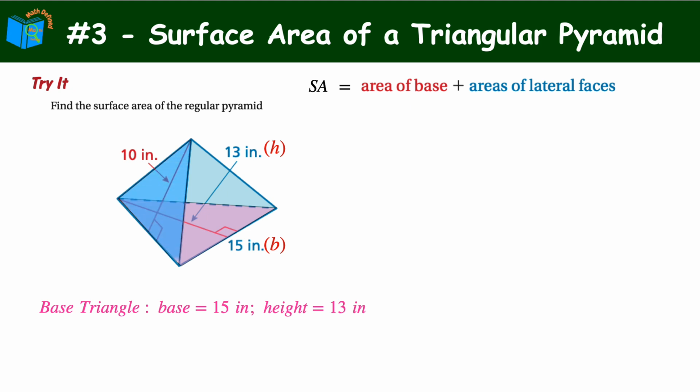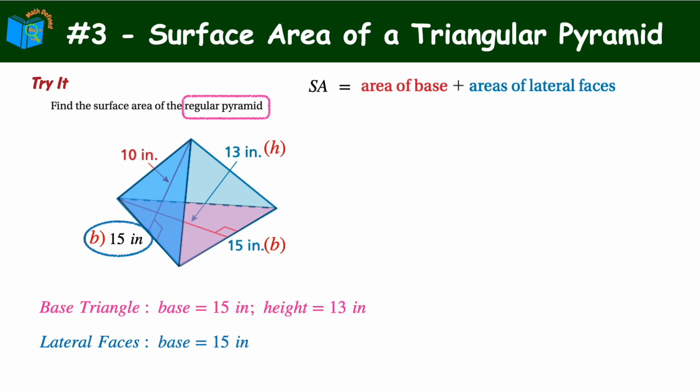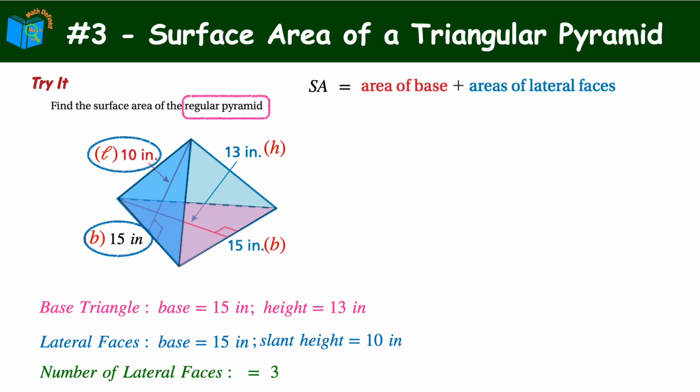Now for the lateral faces. Since the directions above tell us that this is a regular pyramid, we know that the side lengths are congruent. So the base of each lateral face is also 15 inches, and the slant height of each lateral face is 10 inches. And don't forget, this triangular pyramid has 3 lateral faces.